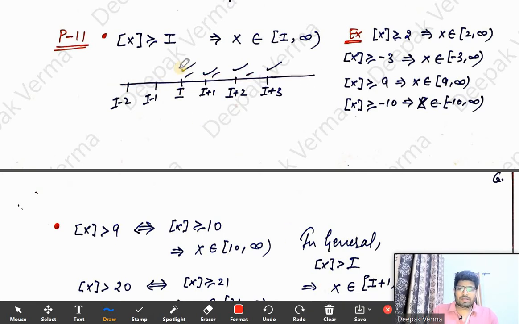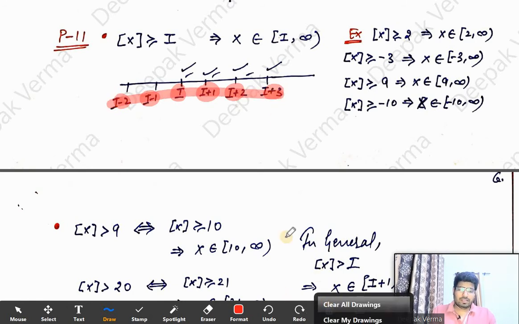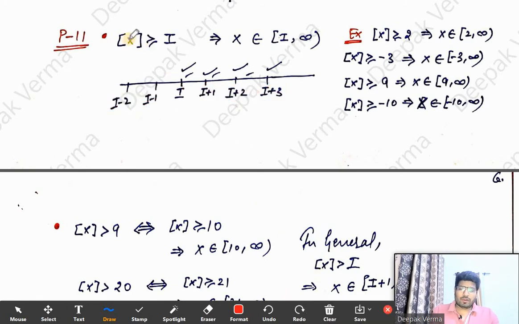Let's suppose I is here, it's an integer. The next integer will be I plus 1, then I plus 2, then I plus 3, and on the left hand side we have I minus 1, I minus 2. These are all integers. Got it? Now we are saying box x is greater than or equal to I. It means x can be from I to infinity.